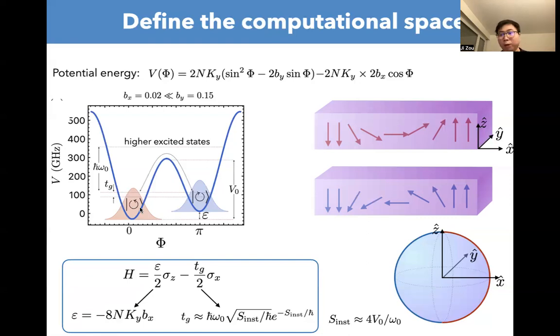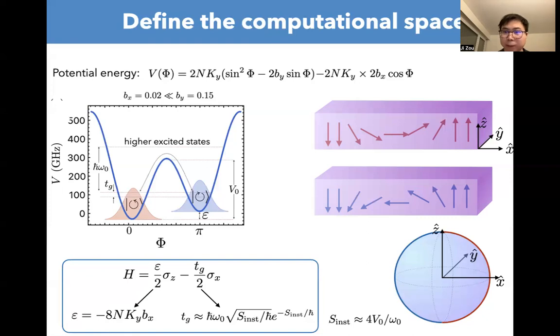Similarly, we have a tunneling process that would give us a sigma x, with the tunneling rate Tj, which is controlled by the energy barrier. Very importantly, both parameters are tunable through external magnetic fields Bx and By. This tunability is very important for us if we want to use this domain wall as a quantum bit.